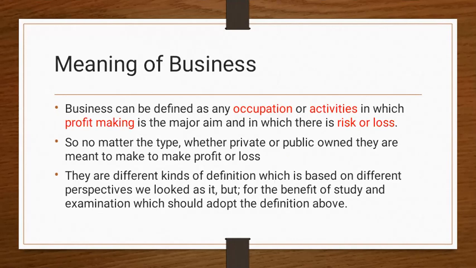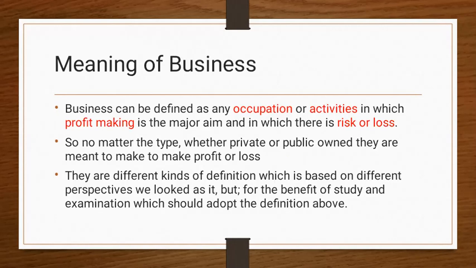So no matter the type, whether privately or publicly owned, they are meant to make profit or loss. There are some public organizations whose main aim is to make profit. We know before that public organizations are just to protect the welfare or provide welfare activities for the citizens.